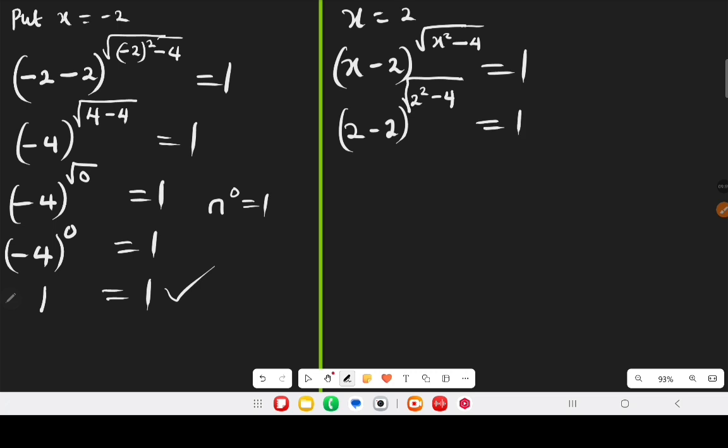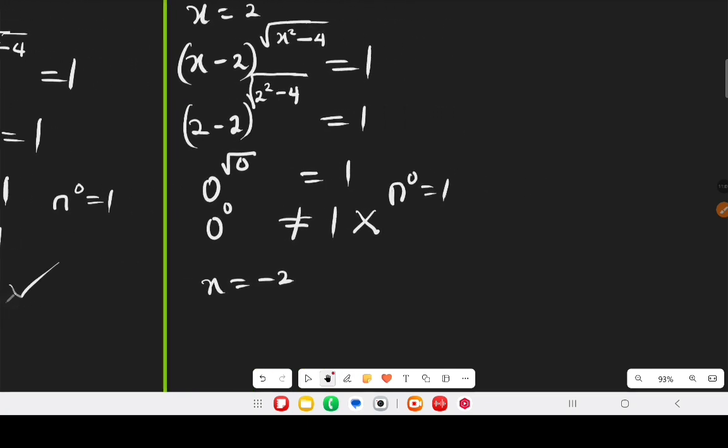Will it give us 1? Then we have 0 raised to the power of the square root of 2², which gives us 4. 4 − 4 gives us 0. Will it give us 1? Then we have 0 raised to the power of 0, which is not equal to 1. It is invalid because any number raised to the power of 0 is equal to 1 except 0 raised to the power of 0. So this is an invalid answer.